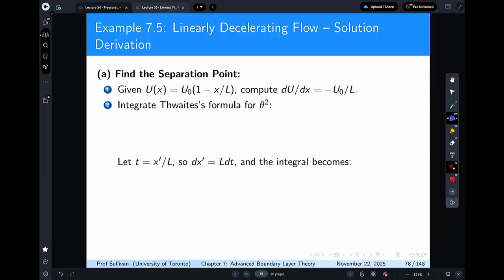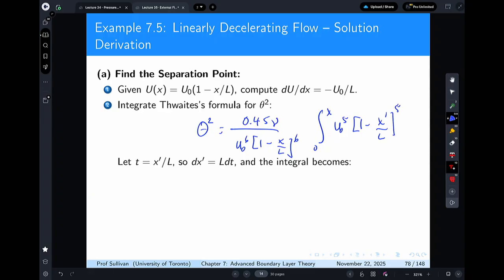Just do the differentiation. And theta squared is equal to 0.45 nu over u naught to the 6th, 1 minus x over L to the 6th, times the integral from 0 to x of u naught to the 5th, 1 minus x prime over L to the 5th, dx prime.